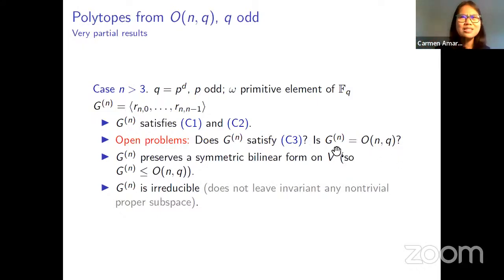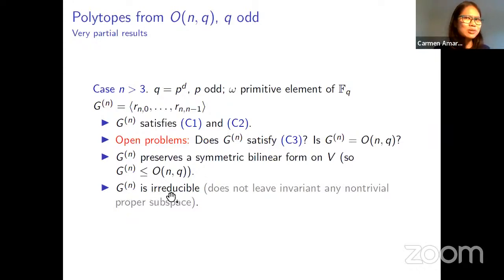What we were able to establish is, for the second question, we showed that this does indeed preserve a symmetric bilinear form on V. So the most that we can say is that this is a subgroup of the orthogonal group.